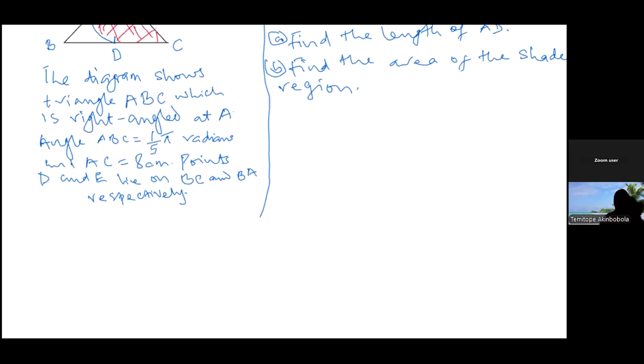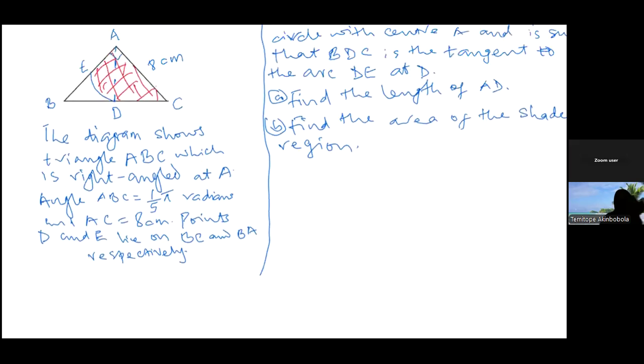Looking at the diagram, you have a triangle, and inscribed in that triangle is a sector whose center is A. Now, the sector is ADE, and we are told that it is part of a circle, if you look at the statement closely.